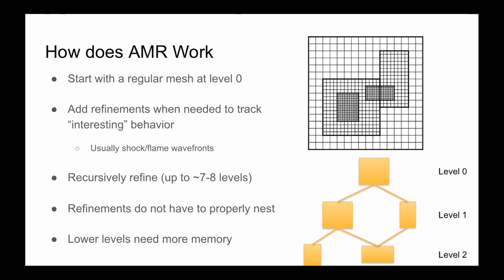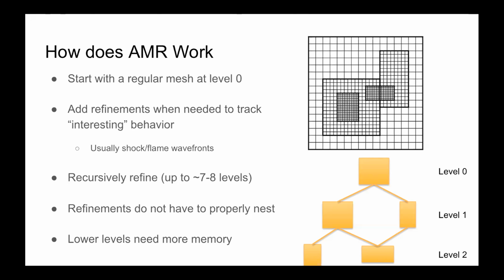As you get interesting behavior in your simulation, such as shock waves or flame wavefronts for combustion, your grids will refine themselves along the area of interest in order to track it more precisely. And so you get these refined levels of your simulation where you may have subcells to correspond to these levels of refinement.